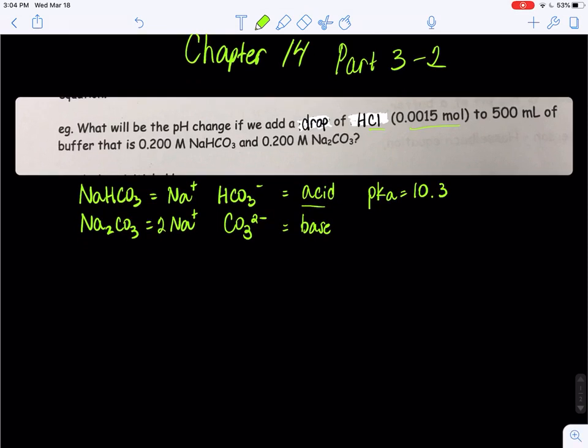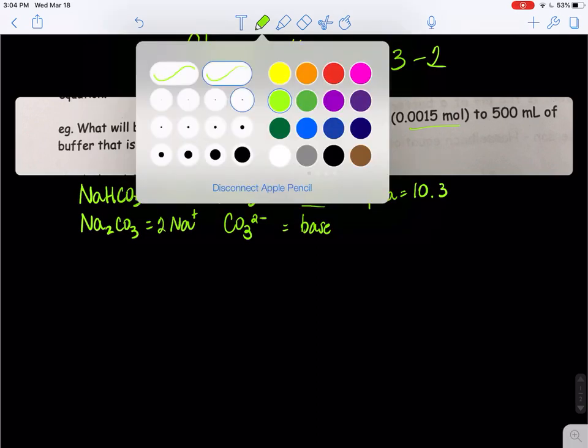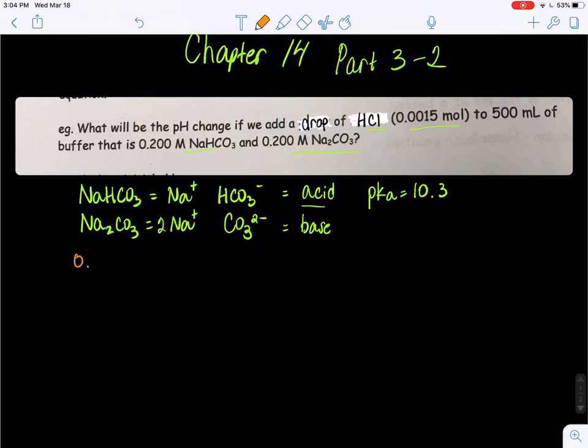So what we want to do now is calculate moles of the substances. I'm always going to use moles for my calculations. So to do that, what you want to do is convert the molarity, which is moles per liter, and one of these will be sodium bicarbonate. And this is in a 500 milliliter volume. 500 milliliters is 0.500 liters. And what you get here is 0.100 moles of bicarbonate.